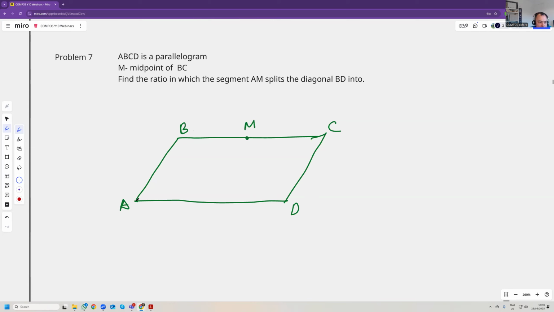And AM splits the diagonal BD into. So basically, we are looking for, let's call it K, find BK to KD. Okay.